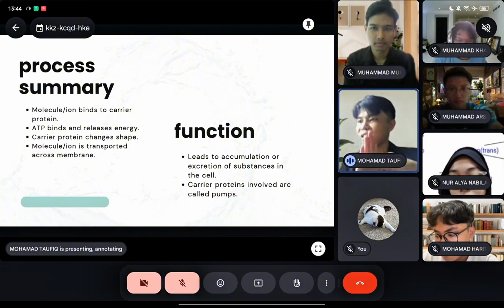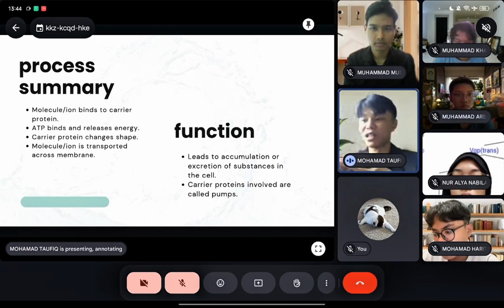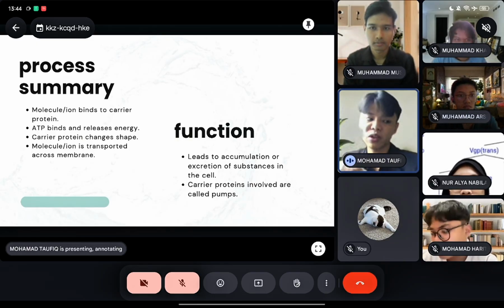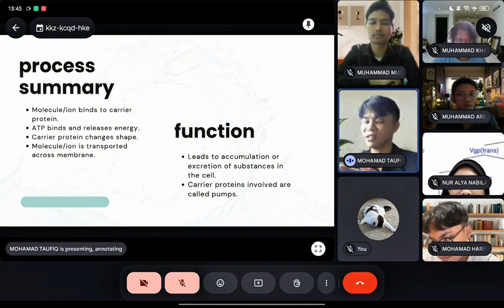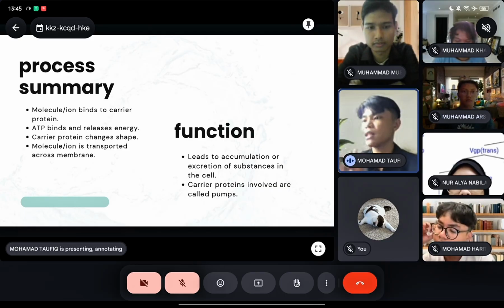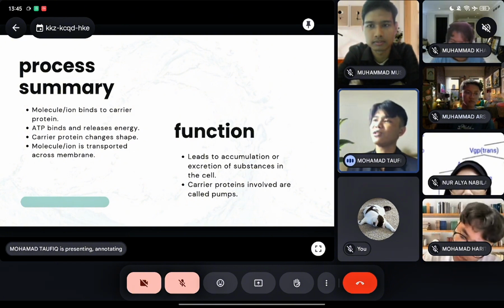Now, the Rapid bus has energy to move, to transport it. So the molecule or the ion inside the bus is transported across to where they want, which is across the membrane. So, the function of it is the accumulation or accretion of substances in the cell, and carrier proteins are also called pumps.